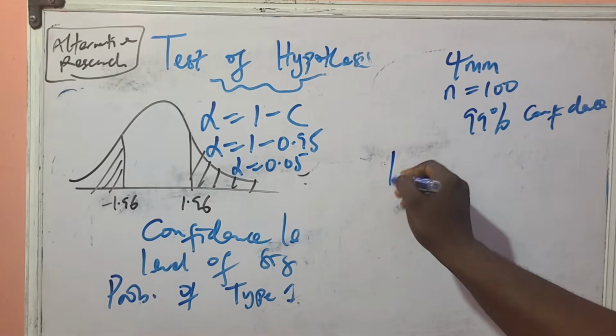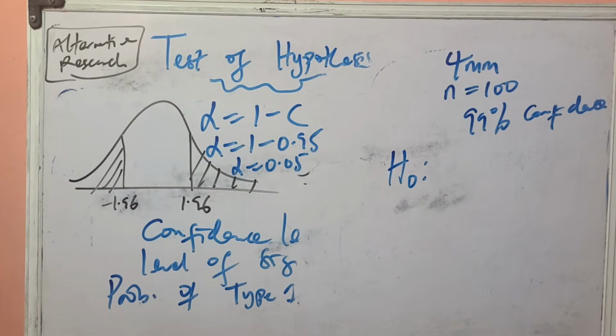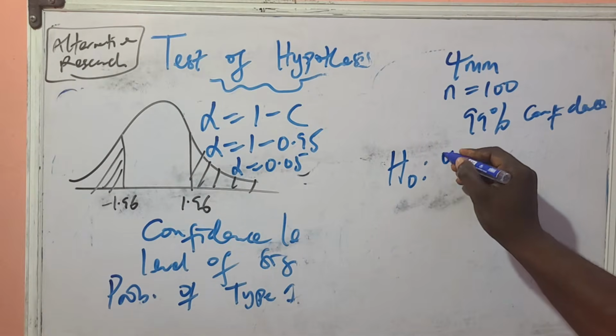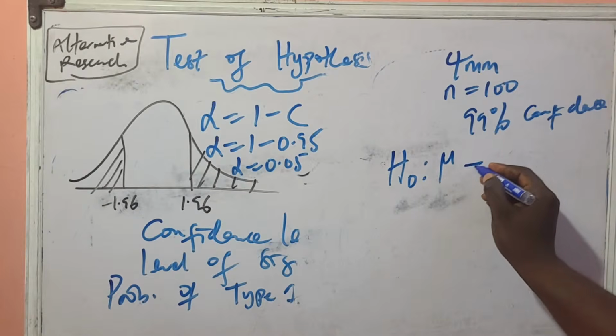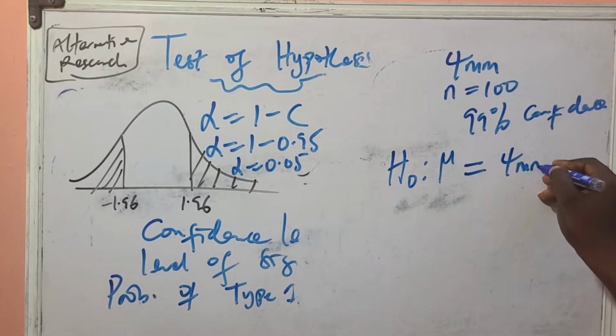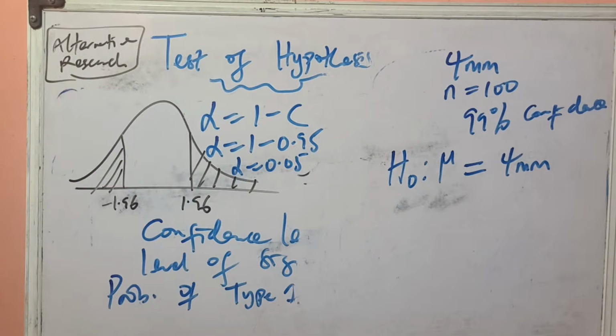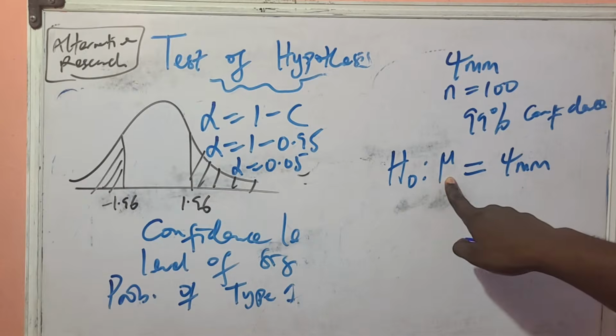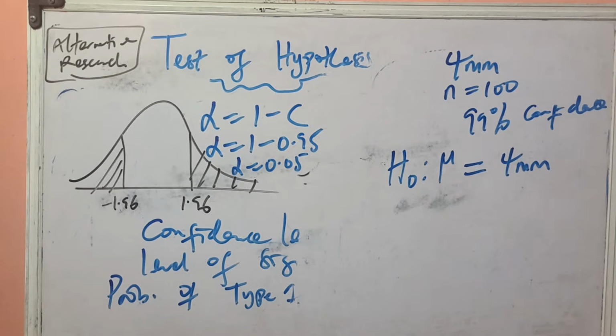This is how you're going to state your hypothesis. H naught. Now let me quickly address something. Someone will be asking why are you going to be saying mu? Why do you use mu here all the time? Mu equals 4 millimeter. I did not hear them say average. Guys, pay attention. Let me explain why you're having this as mu. You understand that I'm always a big fan of making sure that there is nothing in the topic that you don't understand.